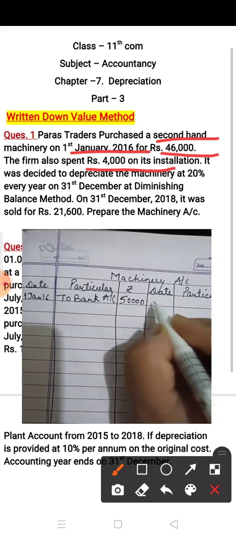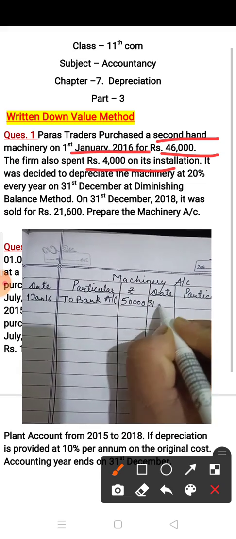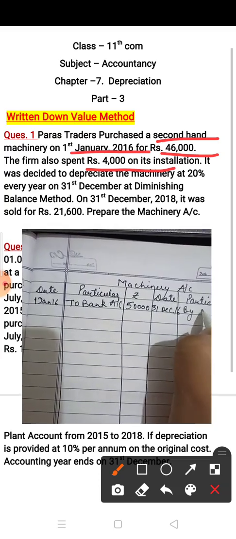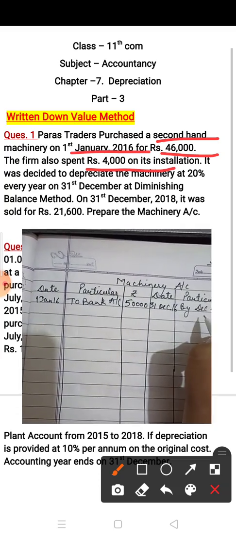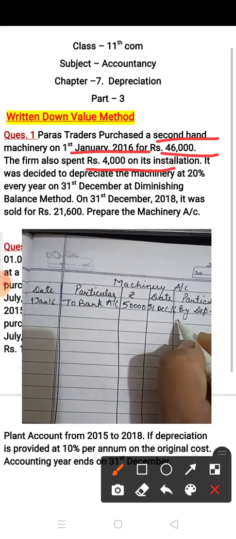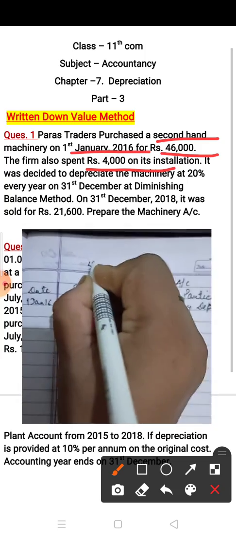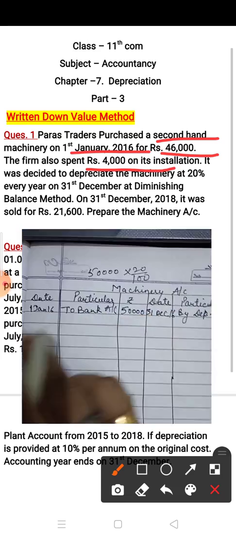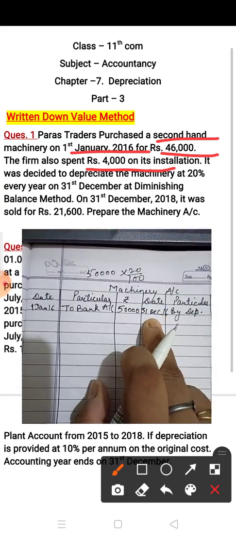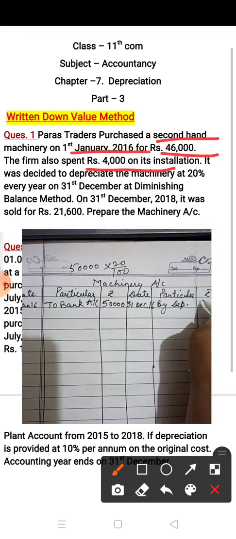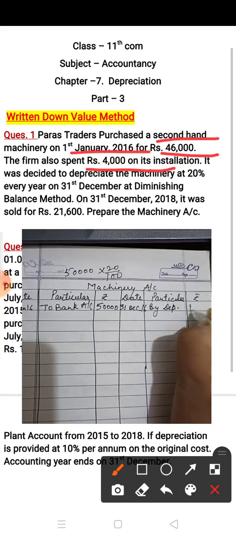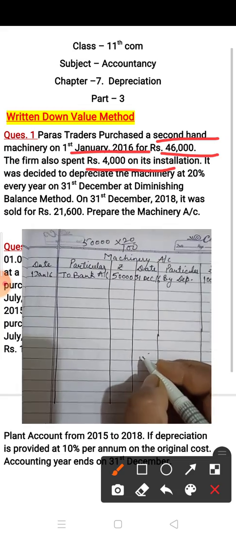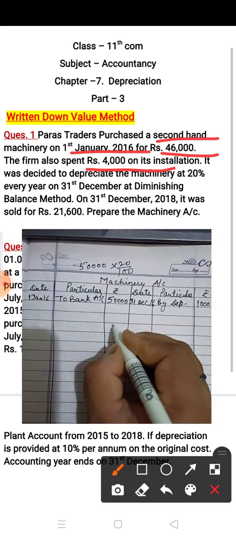Every year on 31st December, starting 2016, the depreciation is charged. On 50,000 you have to charge the depreciation at 20%. This is for the full year, because from January to December the depreciation amount is 10,000. After that you have to find out the balance c/d.